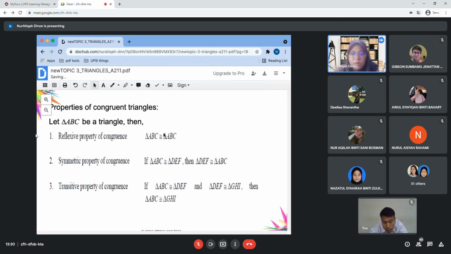Basically the equal signs change to congruent, and you can use the same property for angles. For example, angle A is congruent to angle A. Using the transitive property, if angle A is congruent to angle B and angle B is congruent to angle C, then angle A is congruent to angle C also.